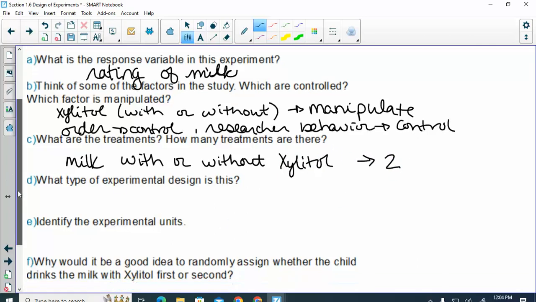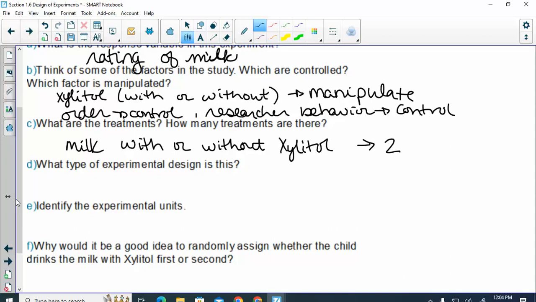Okay, what kind of experimental design is this? It's single blind. I know which one they got. Do they? No. Depending on how the data is looked at, it could potentially be matched pairs as well.